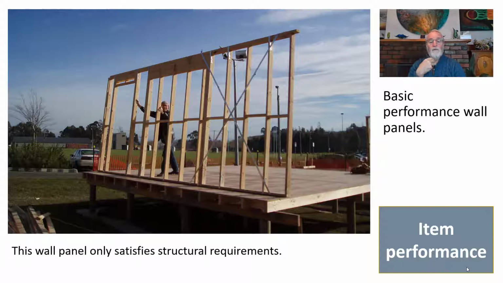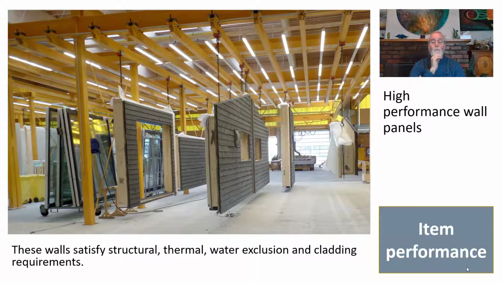If we then start to think of those in a more complex manner, where the object is handling more performance requirements, we can then start to consider things like this. So these are high performance wall panels. They satisfy structural, thermal, water exclusion and cladding requirements in a panel that is manufactured in the factory. It's manufactured to a particular size.